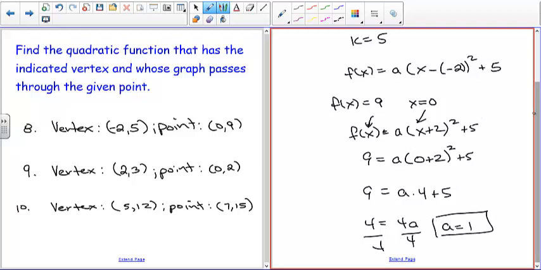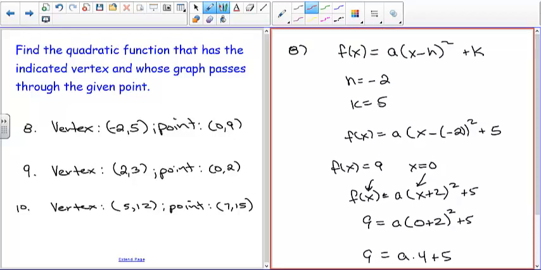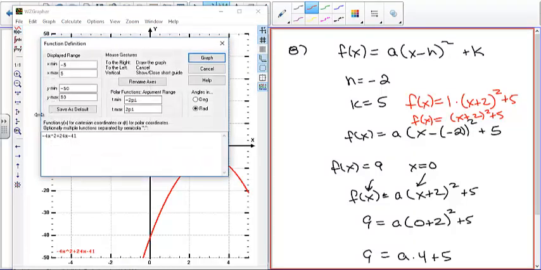Now we can go back up and write in the function. The actual function is 1 times x plus 2 squared plus 5, and of course you don't need that 1, so f of x equals x plus 2 squared plus 5.